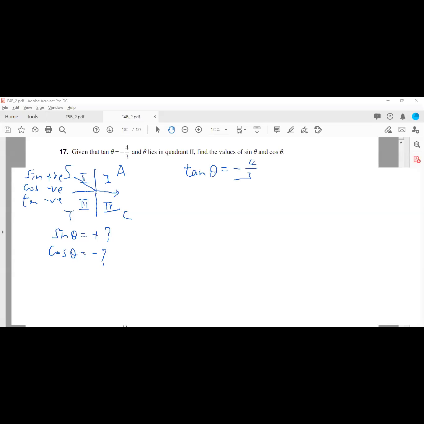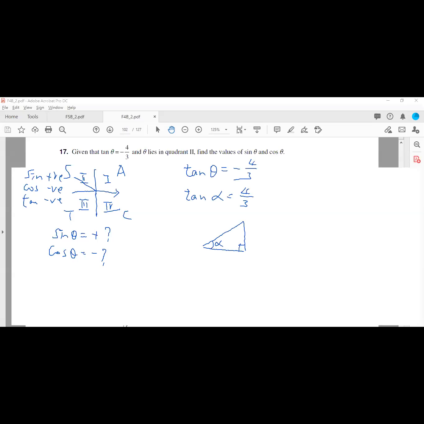And then we go to the alpha. Tangent alpha. No matter whether it is a positive or negative number, we just write the positive part, 4/3. Okay, tangent alpha is equal to 4/3. And then we draw a right angle triangle, alpha here.